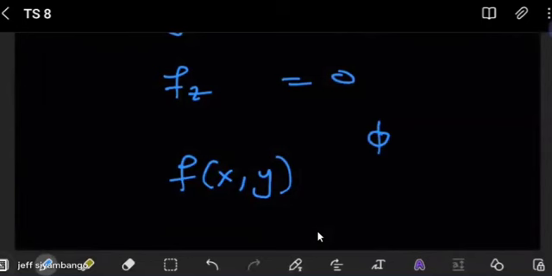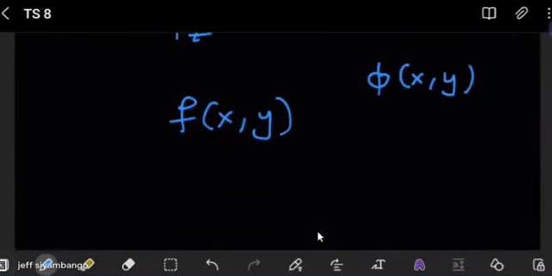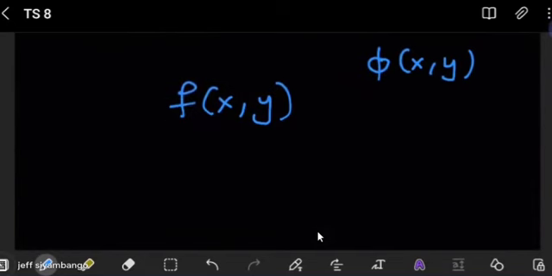And phi here is also a function of x and y. Now, how do we deal with this? Well, in this case, to find these extreme points, it's a similar structure, but now we're just going to bring in what that constraint is.